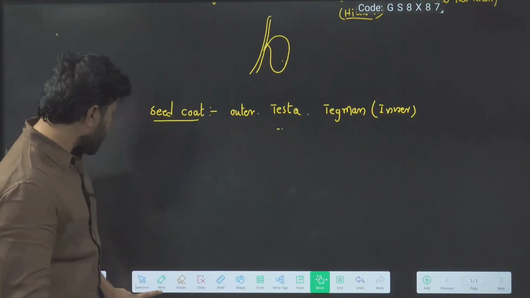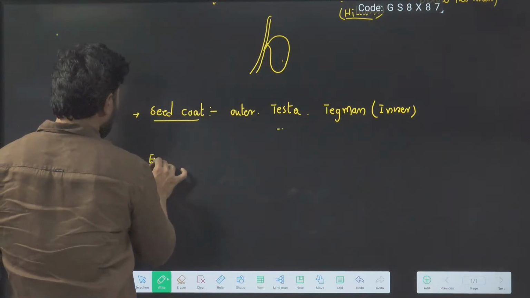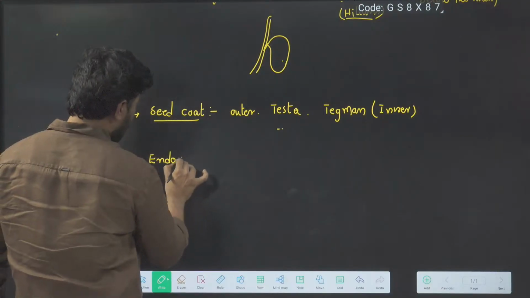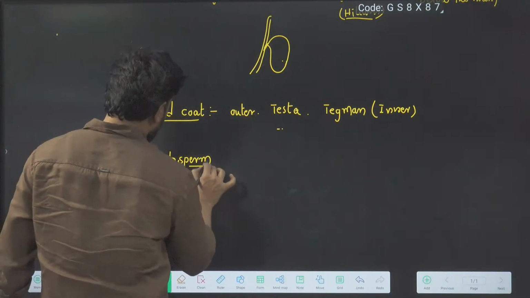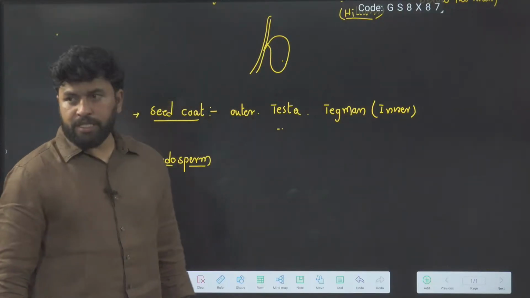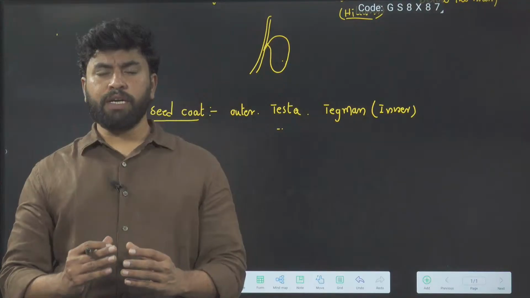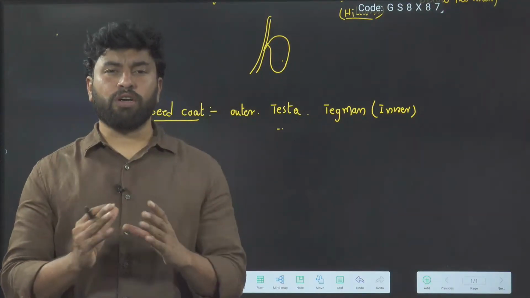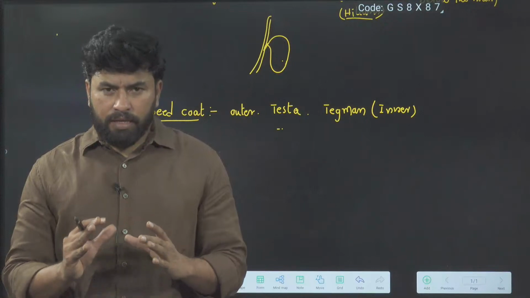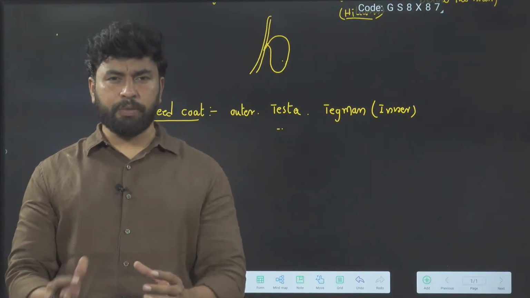Next one, endosperm. Remember, when you talk about endosperm, I am talking just about primary details. Imagine a statement: endosperm is the reserve food material present in most cases in monocots. It doesn't mean that a typical seed definitely should possess endosperm.